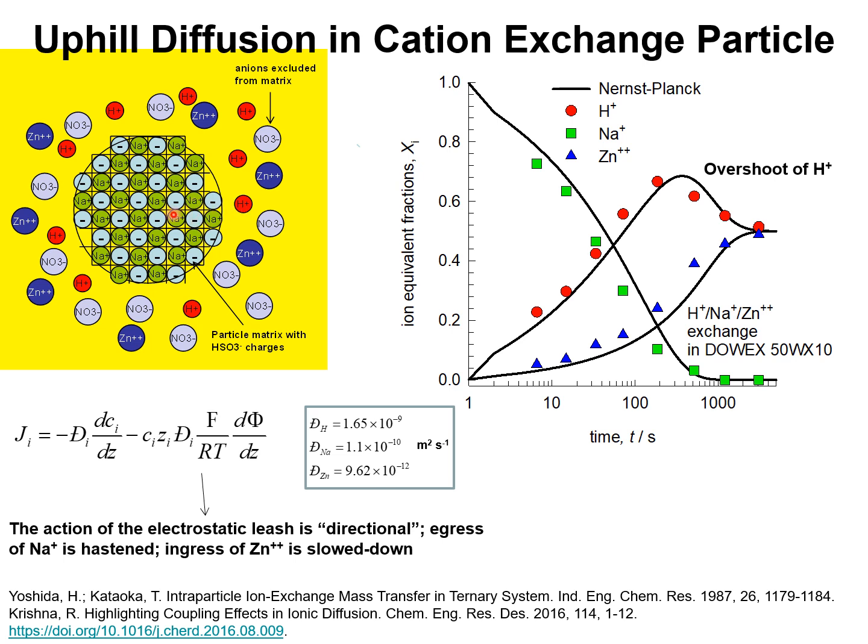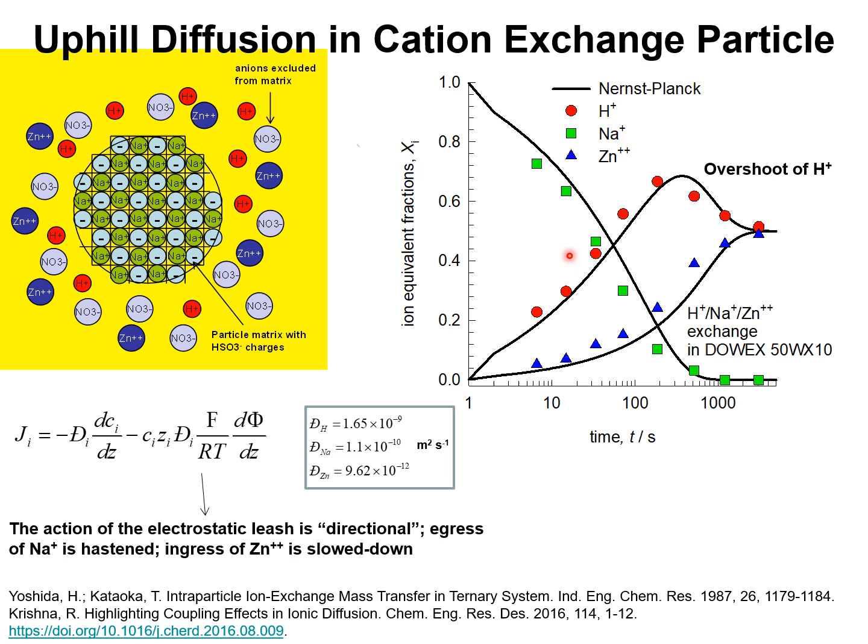The fast ingress of the hydrogen ions into the particle causes a charge imbalance that has the effect of slowing down the ingress of the zinc cations and speeding up the egress of the sodium cations.